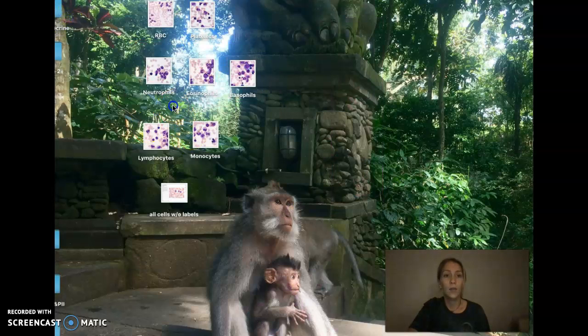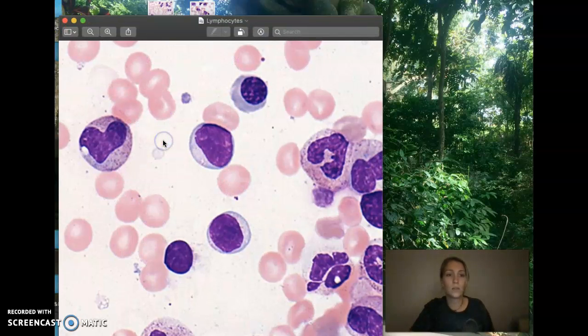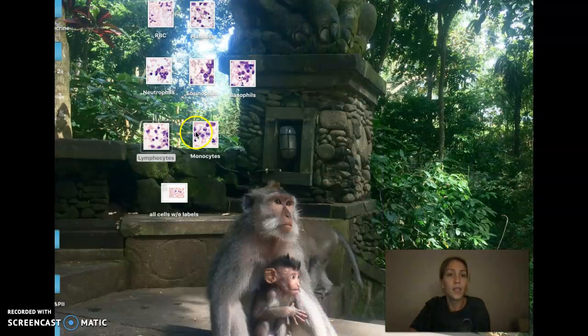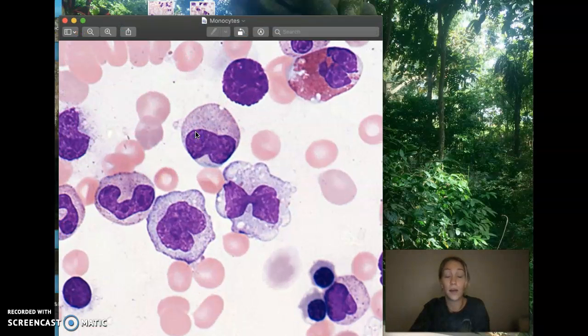Then we will talk about the agranulocytes, which have no granules. These are the lymphocytes pictured here. They have a large spherical nucleus that's stained dark purple, and on the outside a pale blue cytoplasm. Right here, and this one is also a lymphocyte. Next we have monocytes, the other type of agranulocyte.